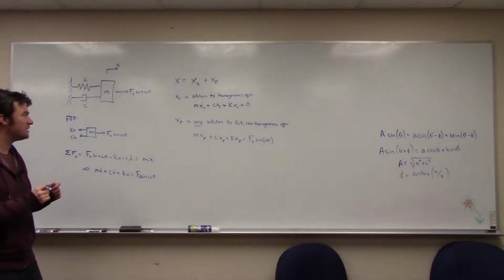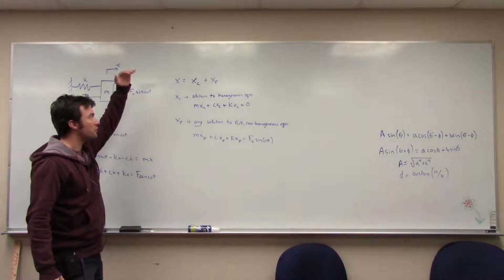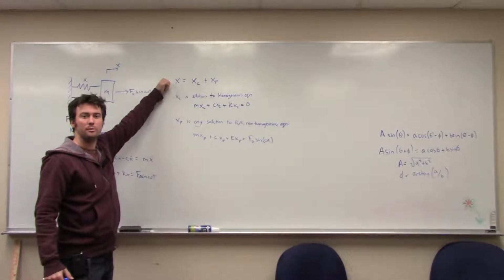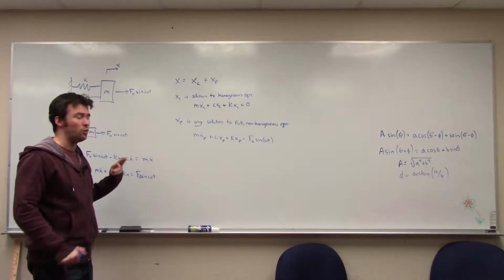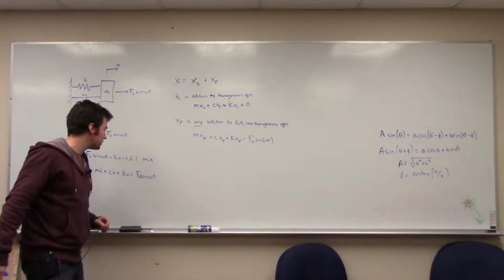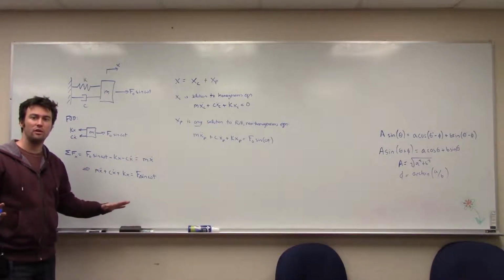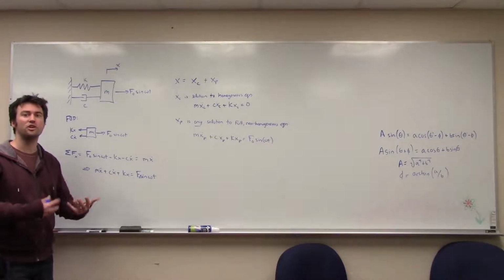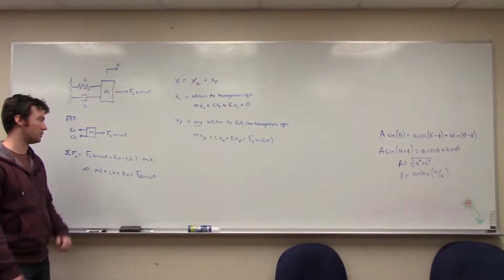If we can find any solution to it, then the full general solution is going to be the sum of the two. So our job is just to find one solution to this differential equation, and we will have the full, most general form of the solution to this full equation.